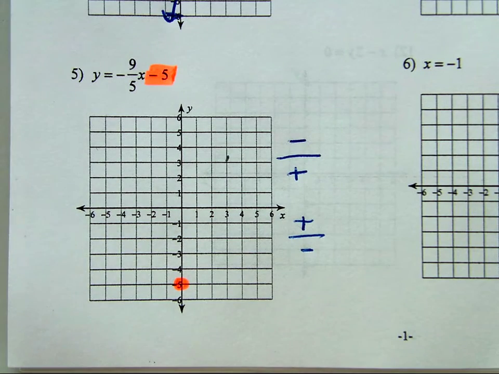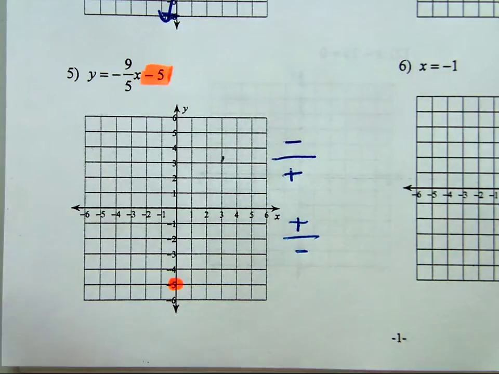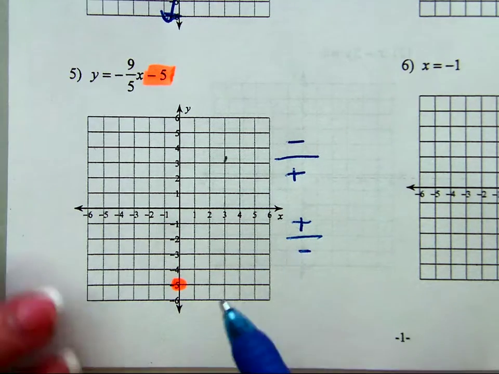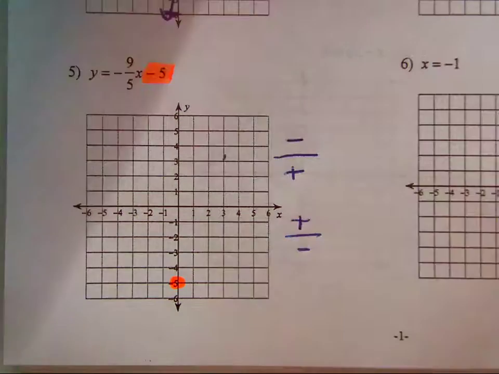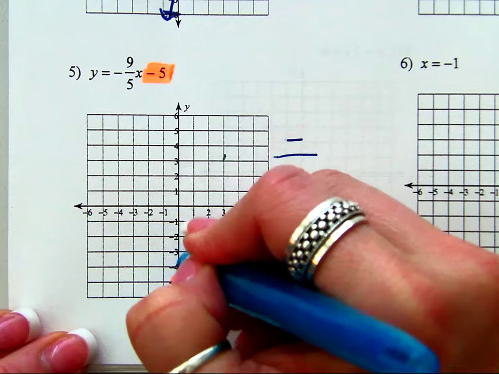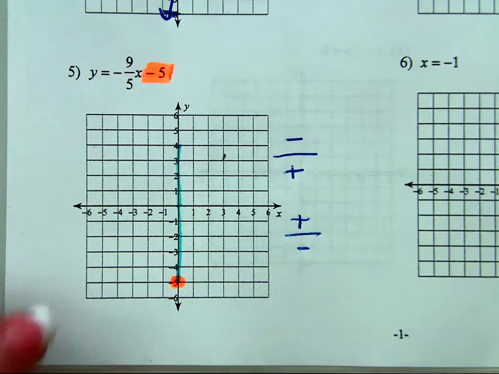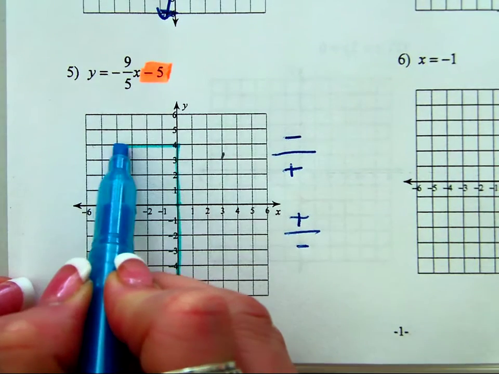So this is the 5% of the time that, remember I said 95% of the time, up and right or down and right. You may need to go left sometimes. This is one of those times. So I'm going to go up 9 and 5 to the left, and there's my point.